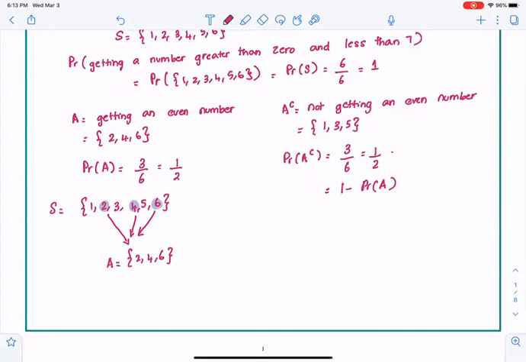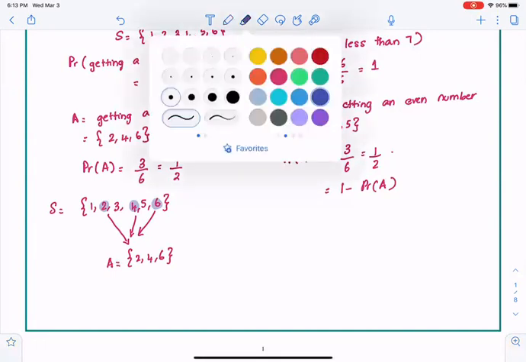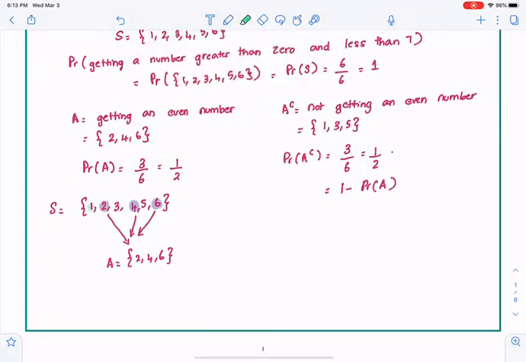I defined it as A. And 1, 3, and 5 would correspond to everything that is not A. So that would become A complement.